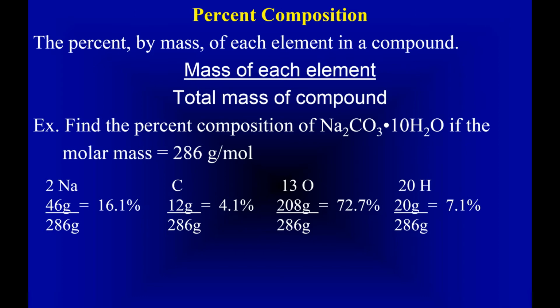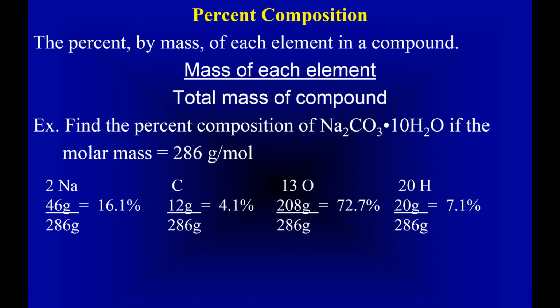So here's our problem. Find the percent composition of Na2CO3·10H2O. All that means is that's a hydrate, and what it means is on each salt molecule there are 10 water molecules attached to it. So we got to add up all the hydrogens and all the oxygens in the whole thing. All right, so when you do that, you have the mass of 2 sodiums, a carbon, 3 oxygens plus 10 oxygens.